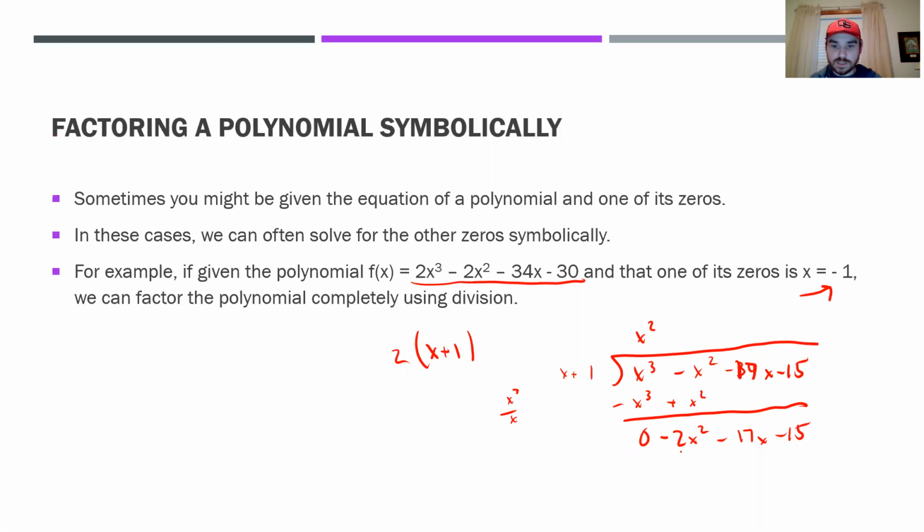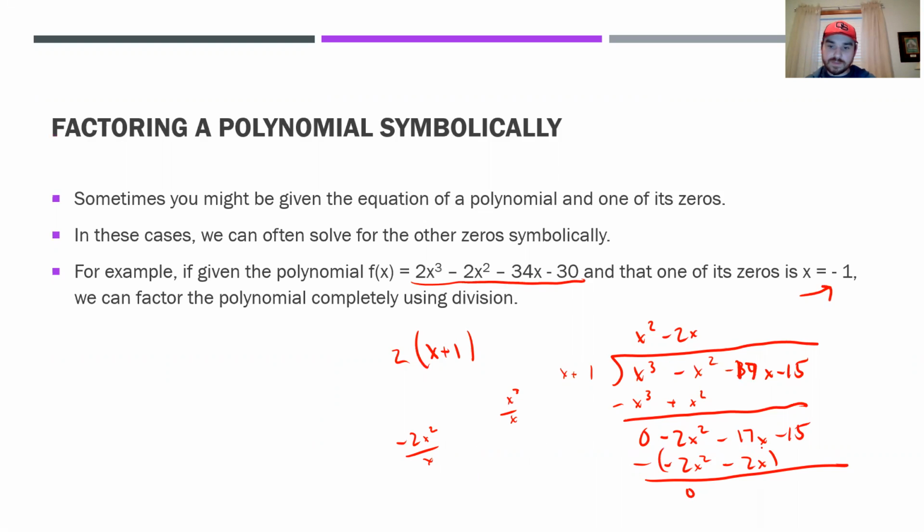Now we need to divide negative 2x squared by x. That gives us negative 2x. Then we multiply this out throughout the whole thing. We get negative 2x squared minus 2x. Subtract this. These cancel to 0.